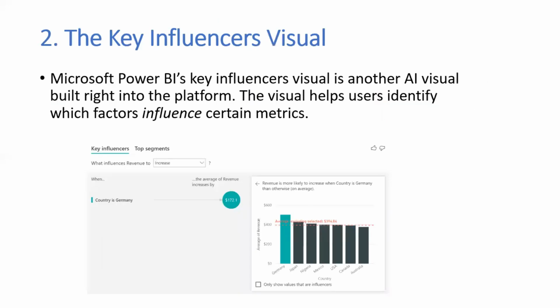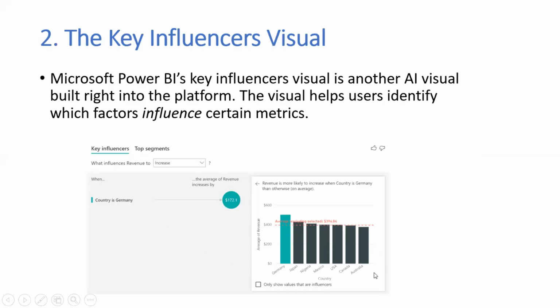Then key influencers is another chart where they have implemented AI concepts. It helps users identify which factors influence certain metrics. You can see here it gives you all types of metrics, showing which one is influencing and why.